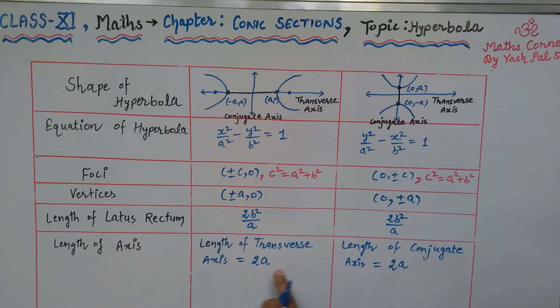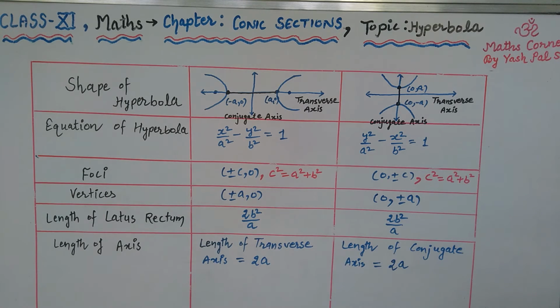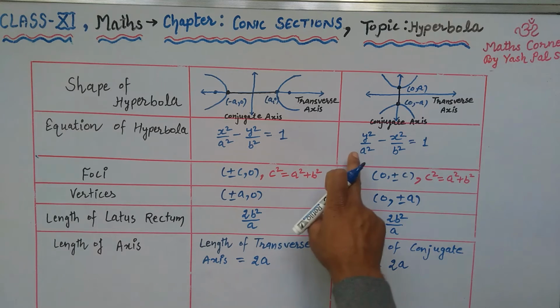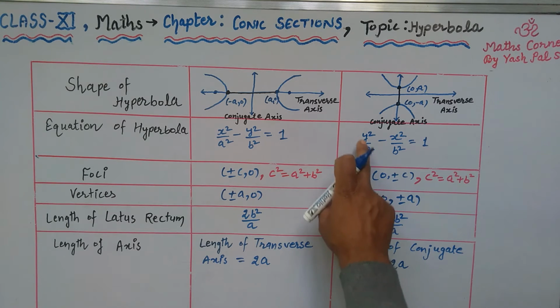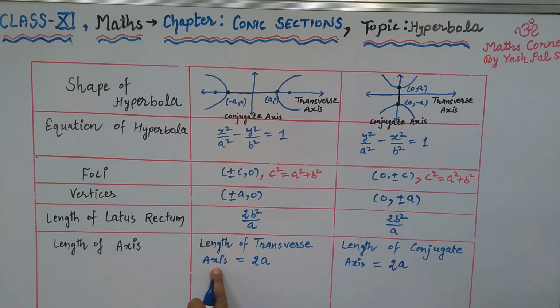So this is equal to 2a in each case, but the journey of measurement is different. Okay, this depends upon a square, where we are writing y square upon a square, here this is x square upon a square. That way we can find the length of transverse axis equal to 2a, length of conjugate axis equal to 2a.